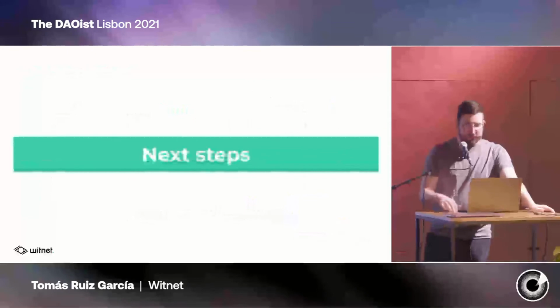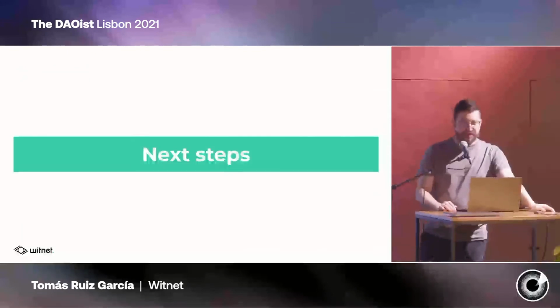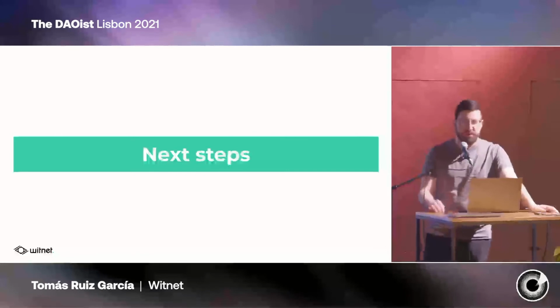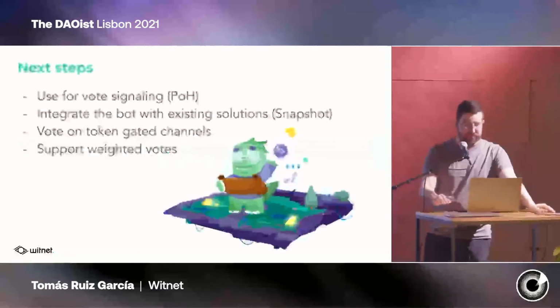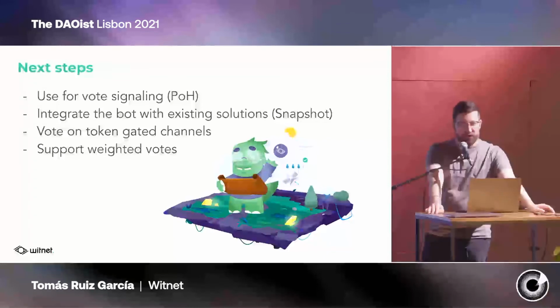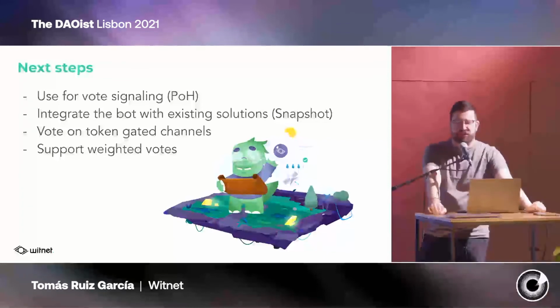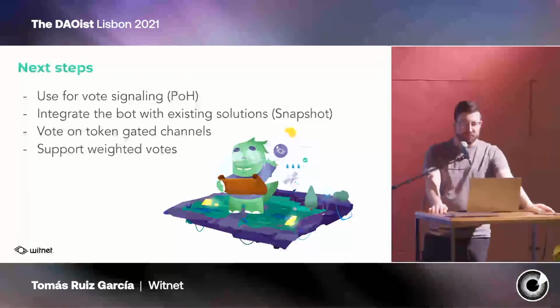So, what are the next steps that we are thinking of, or what is the purpose that we want to achieve with this bot? First, we are thinking of an integration, because we think that this bot, as I said, is not an ideal solution to replace custom solutions.